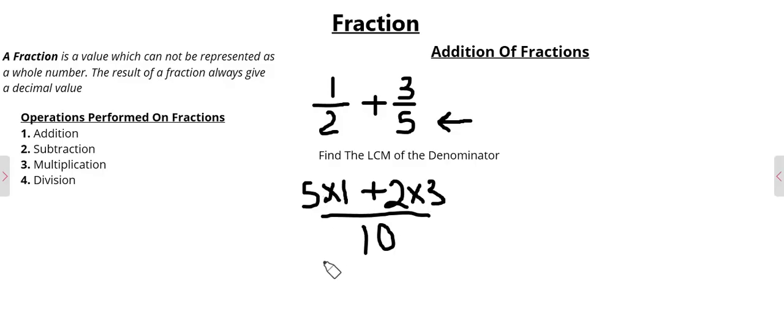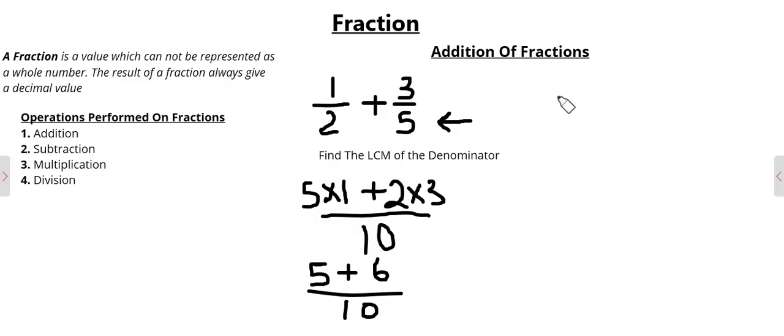5 times 1 is going to give you 5 plus 2 times 3 is going to give you 6, all over 10. Correct? All over 10.